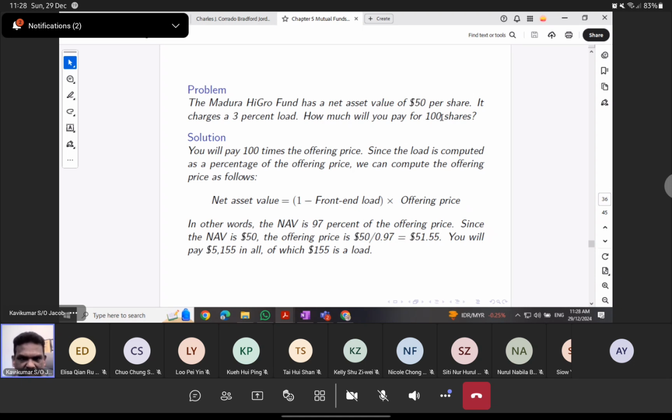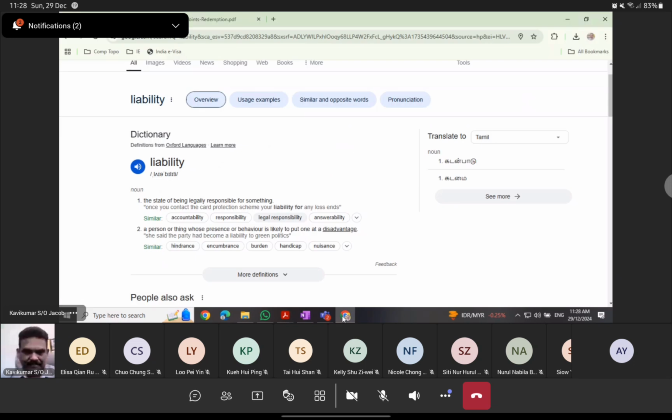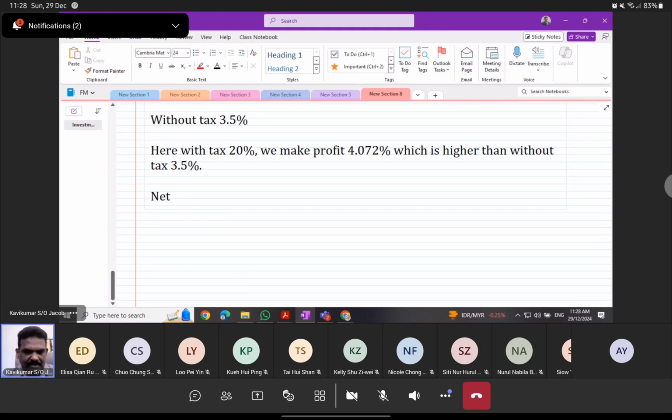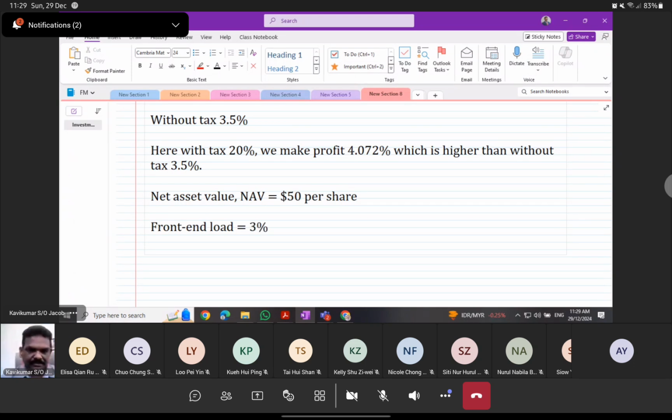The net asset value is per share, and the front end load is 3%.